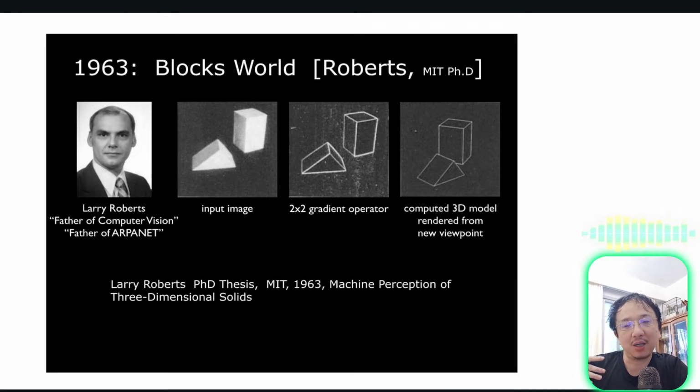But if you go back and think about it, you may understand why they made such a mistake, because back in the 1960s, it had already achieved some amazing results in the field of computer vision by using simple algorithms. For one thing, there's a famous demo called the blocks world.